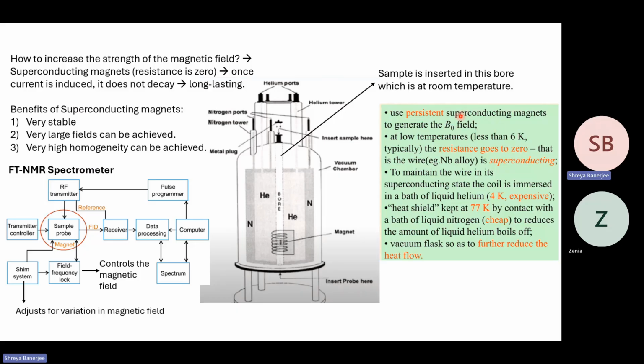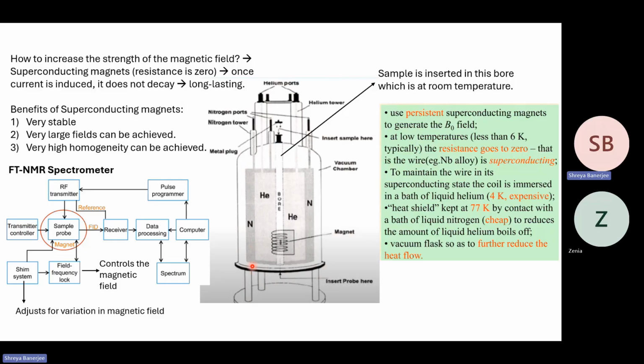And the magnet is made superconducting by keeping it in a helium atmosphere where the temperature can be brought to 6 Kelvin. Now, if you keep it in helium without any other protection, the heat can be lost very easily. And to maintain the 6 Kelvin also becomes very difficult.